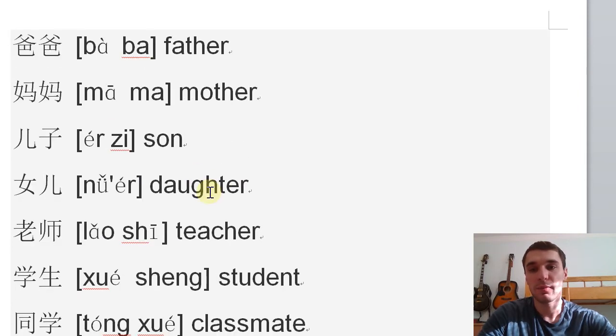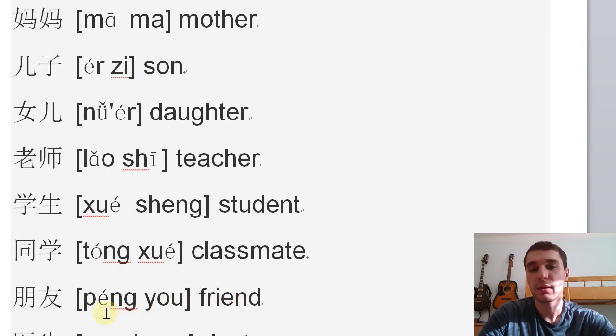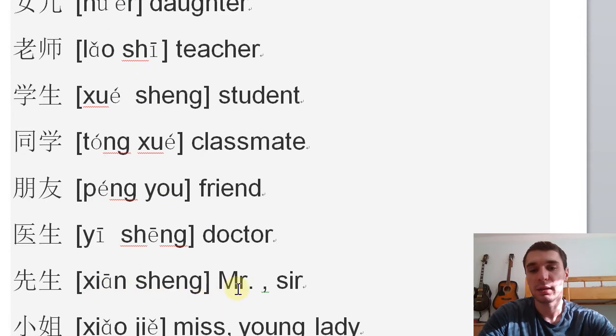And you will see them, you will meet them every time when you read something or talk, etc. Okay? 爸爸 father, 妈妈 mother, 儿子 son, 女儿 daughter, 老师 teacher, 学生 student, 同学 classmate, 朋友 friend, 医生 doctor, 先生 Mr. Sir.